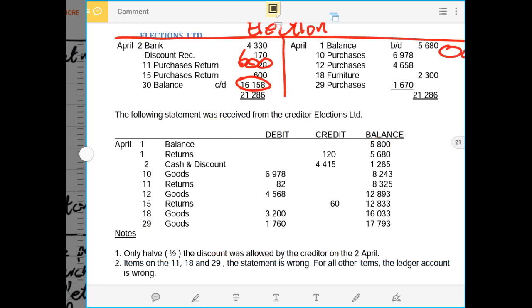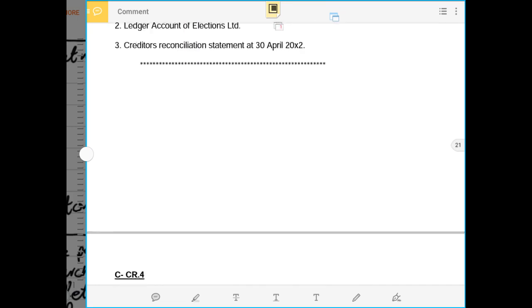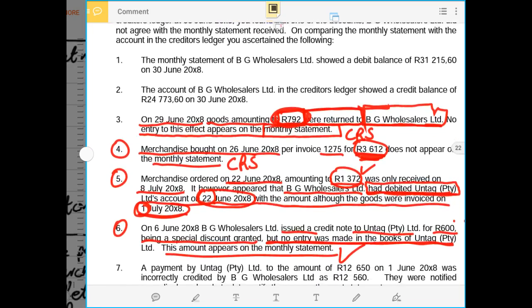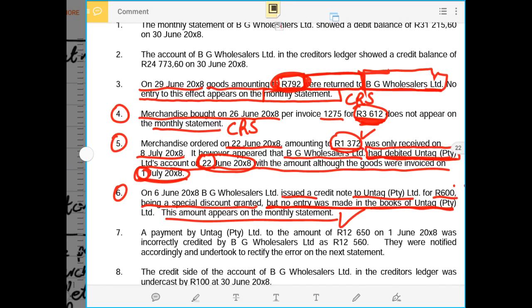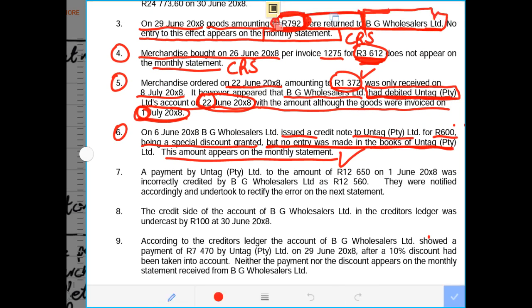Then after, we proceed again in the same note. Remember, we are in creditors reconciliation number 4. I am just using the previous exercise as a point of reference for simplicity. Then we go to number 7.